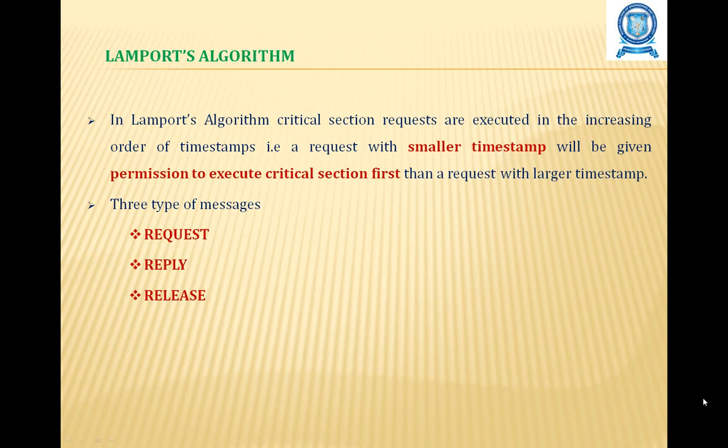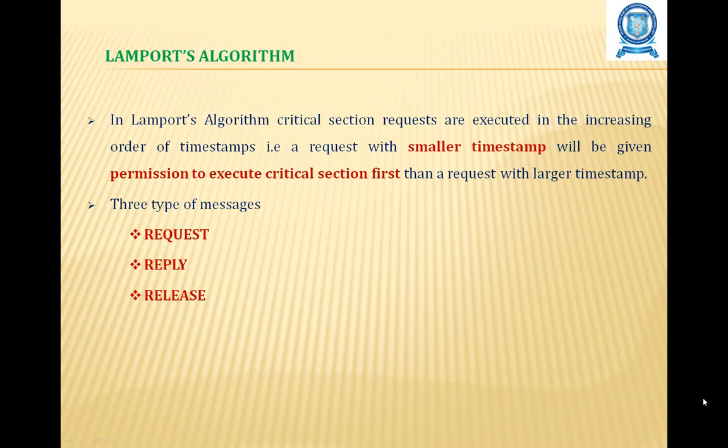Lamport's distributed mutual exclusion algorithm is a permission-based algorithm proposed by Lamport. In permission-based algorithms, a timestamp is used to order the critical section requests and to resolve any conflict between the requests. In Lamport's algorithm, critical section requests are executed in the increasing order of timestamp.